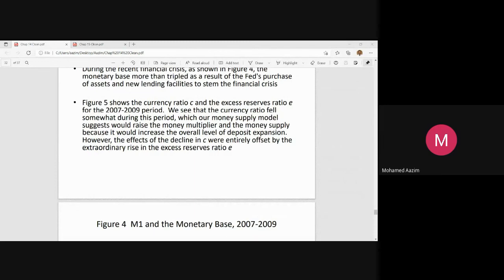They were not ready to lend. They were not ready to expand their loan portfolios because they were not sure whether the assets had toxic features. So they were worried.